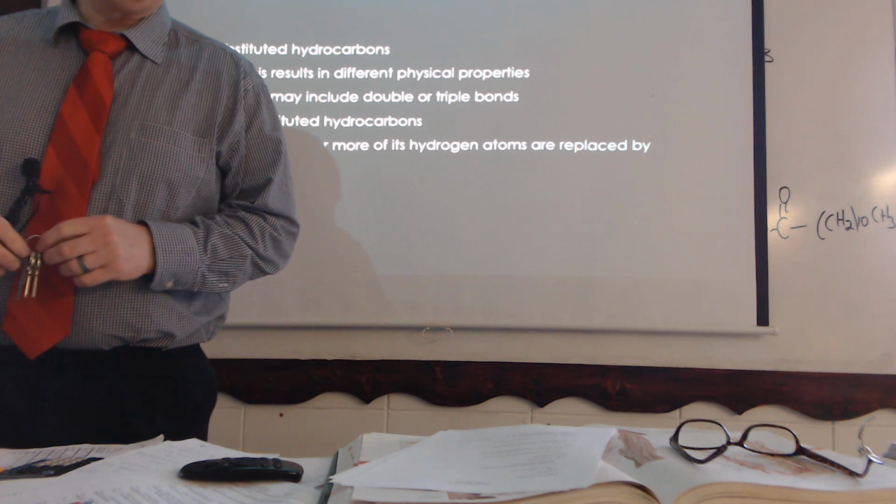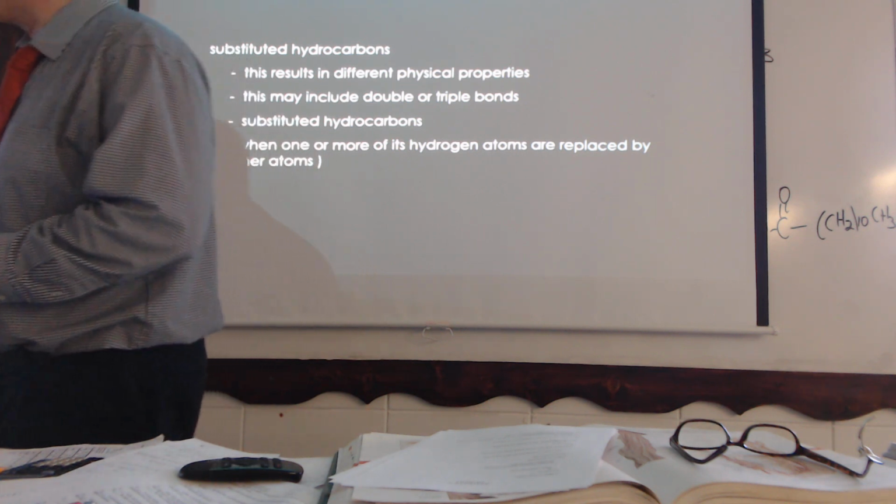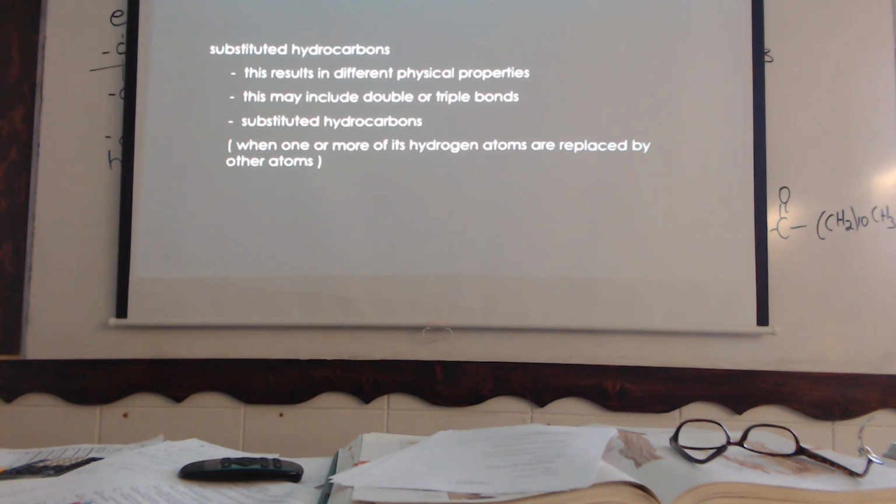There are simpler ones. The first two that we discussed this chapter are what and what? The simplest two derivatives that we've talked about, the first ones of this chapter. No, you're giving me actual alkanes.